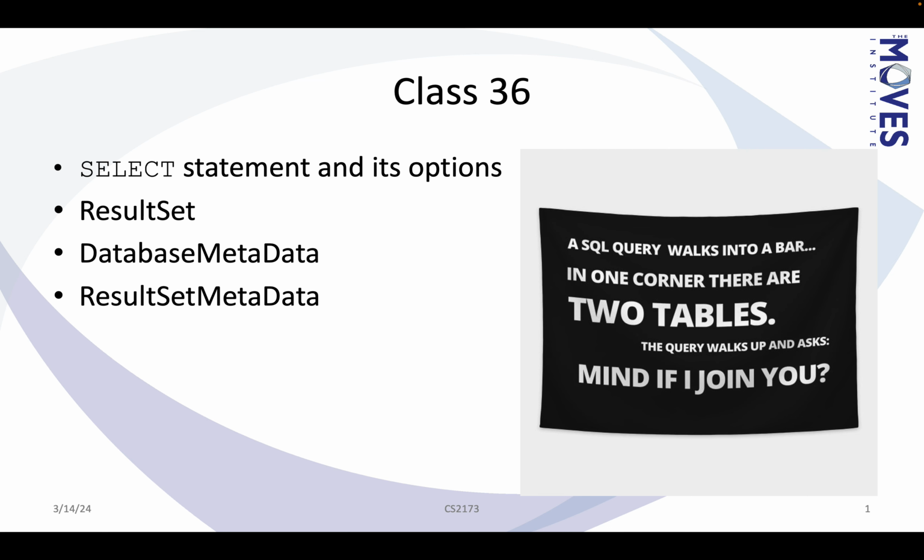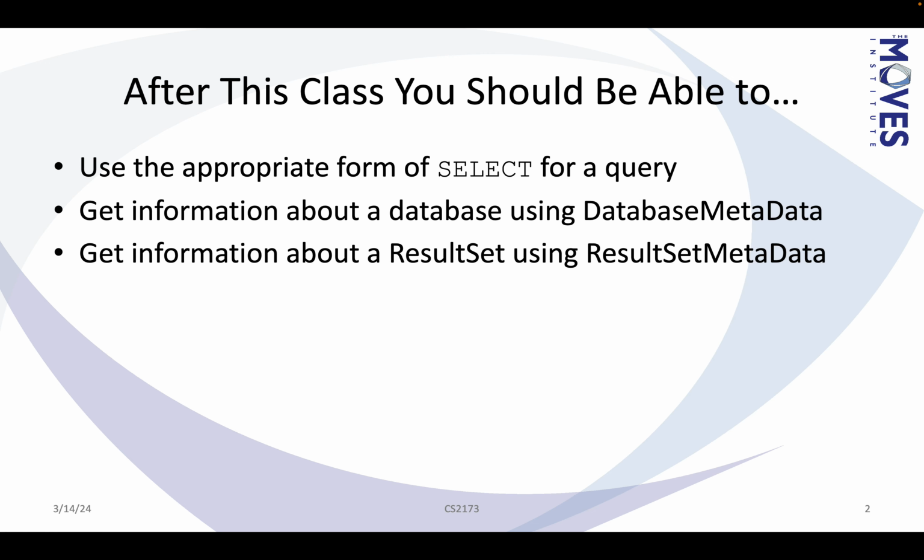In particular, if you're connecting to a database and you want to know what the tables are and what the columns in the tables are, then the database metadata will give you information about that. The other important metadata class is the result set metadata, and as its name suggests, it is metadata about a result set. So all that will hopefully become clear as we get into this.